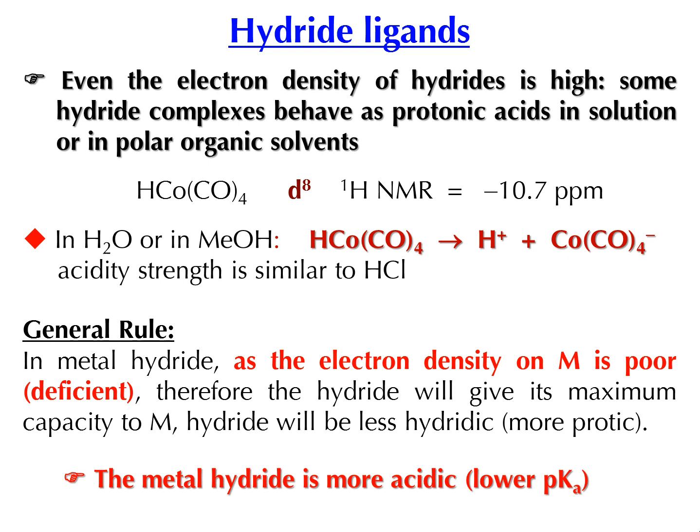That means we have less electron density around hydrogen, or in other words, we say the hydride will be more protic. So in this case, the metal center is more acidic, of lower pKa.